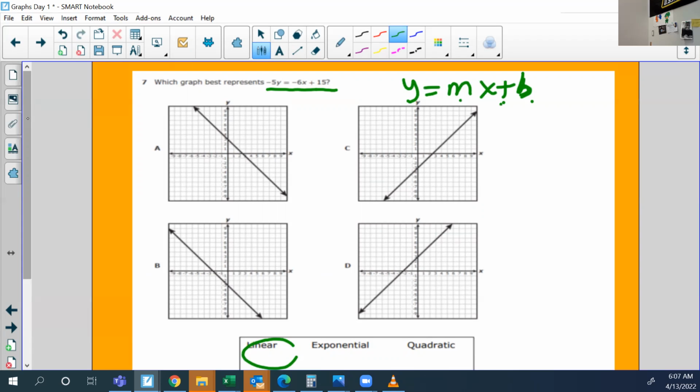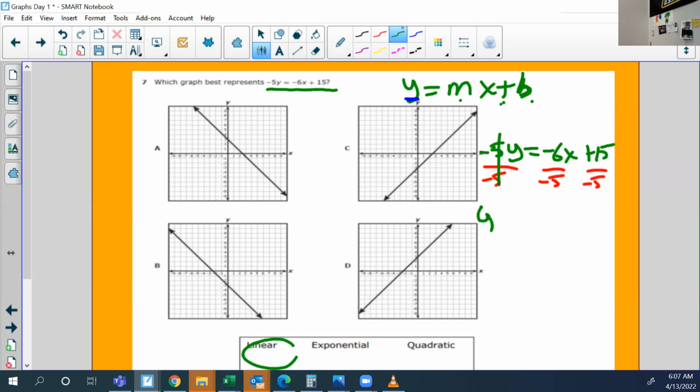So let me write over here. So we have minus 5y is equal to negative 6x plus 15. Okay. All right, so I need y by itself, because according to the equation it is y equals. I need y by itself. So I'm going to divide this by negative 5, this by negative 5, and this by negative 5. So that becomes 1.